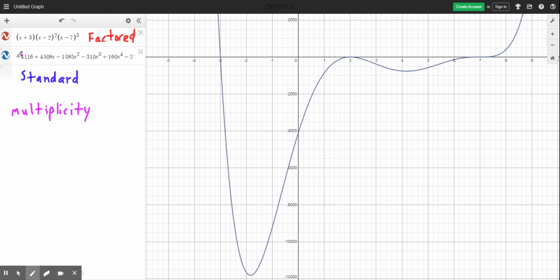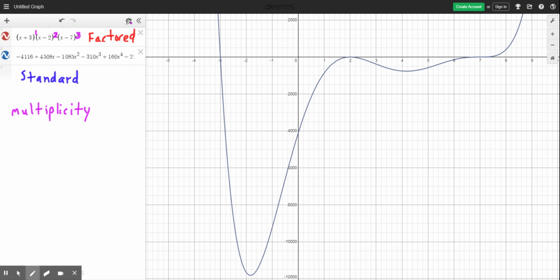Well, I say that. There are ways to see it, but we're not going to learn those ways. What we really see multiplicity by is the exponents in factored form. That's the easiest way to see what multiplicity is. And those exponents here are 1, 2, and 3, giving us a multiplicity at each of those zeros.